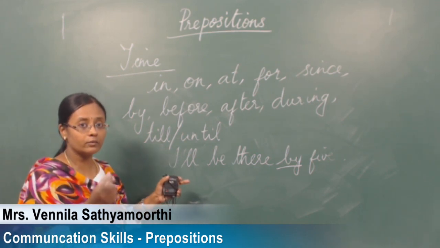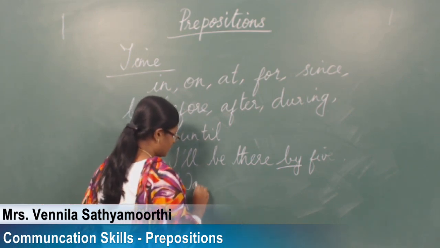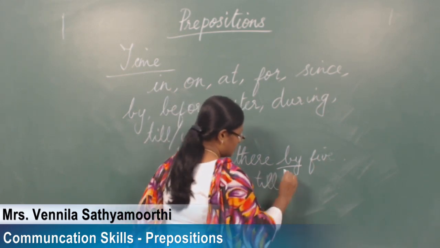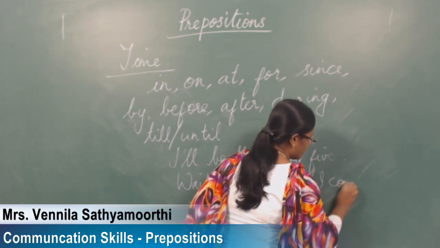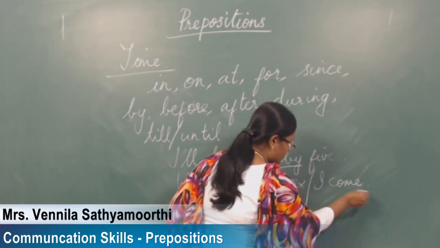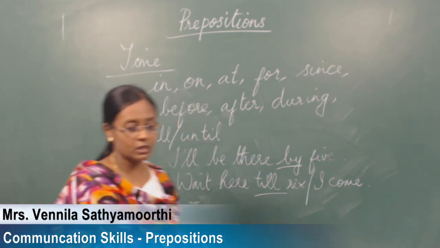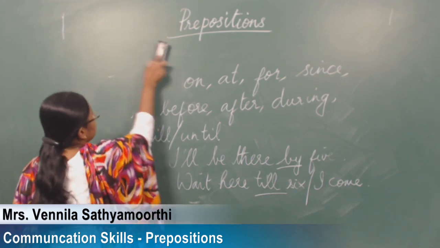So it need not even talk about a specific point like 5 or 6 o'clock. Wait here till 6, or it can even be wait here till I come. So your coming there is the point of time we are talking about, right? So all these prepositions are used with regard to time.